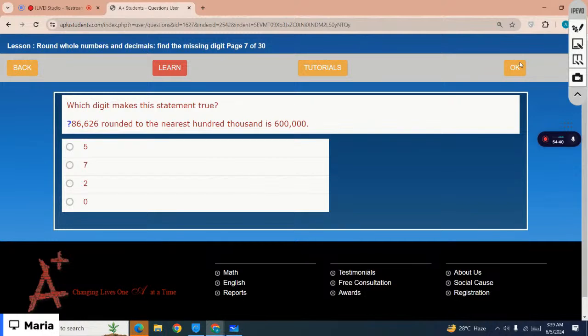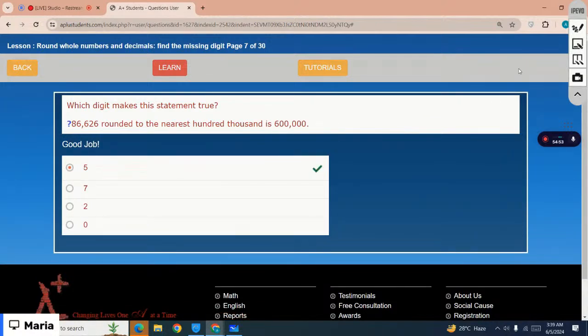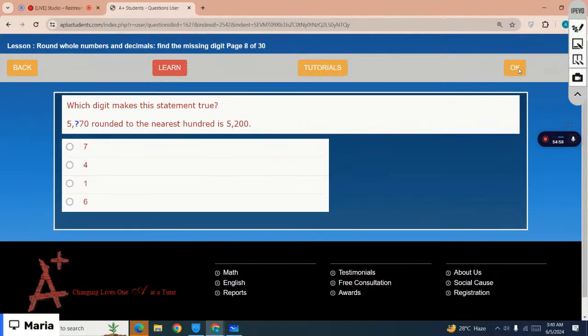The correct option is 5. Which digit makes the statement true?